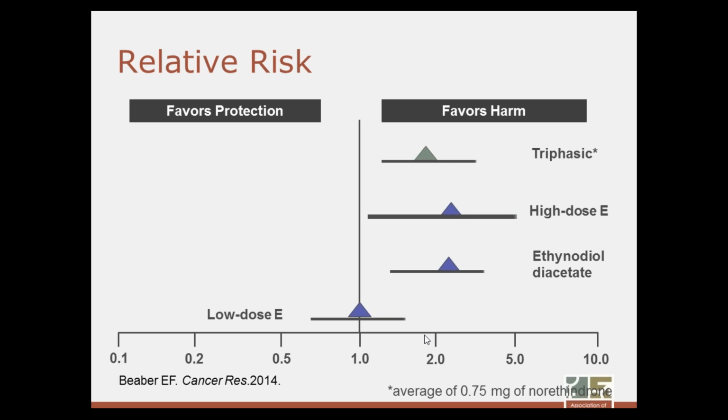You can see high-dose estrogen pills, triphasic pills, and pills containing ethynodiol diacetate. So really, if somebody's worried about breast cancer, there is some evidence that there's not an increased risk if you're using a low-dose estrogen pill.